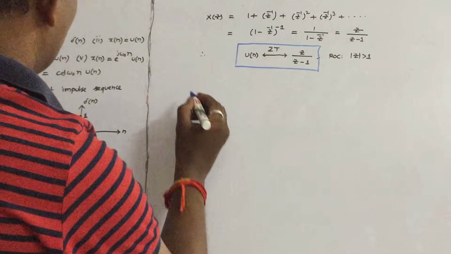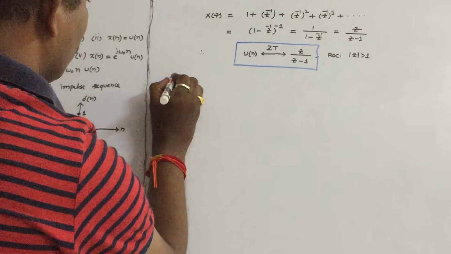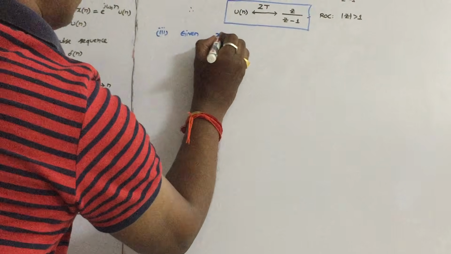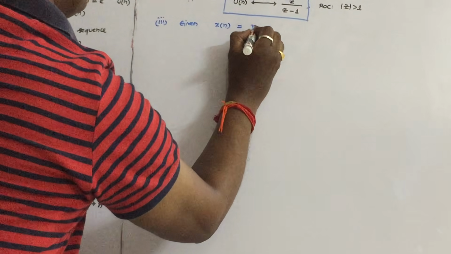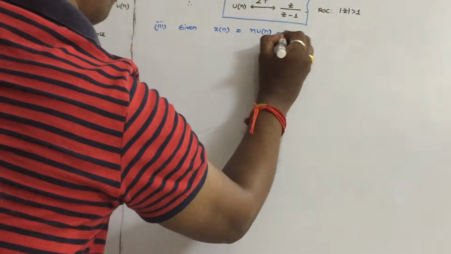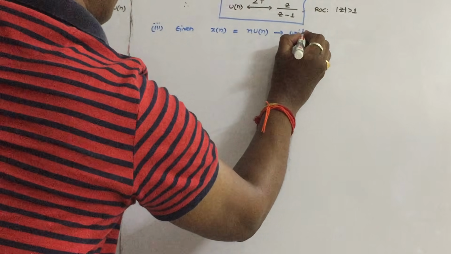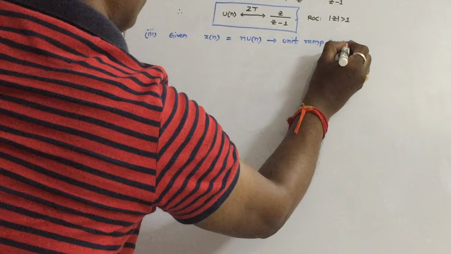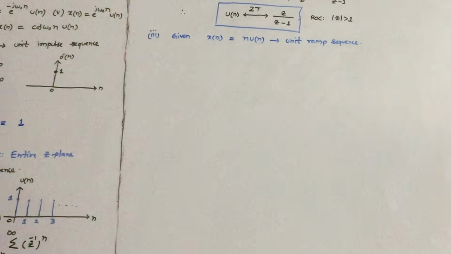So let us take the next one, the third one. What is the third one given? Given x of n is equal to n into u of n. This sequence is called the unit ramp sequence.